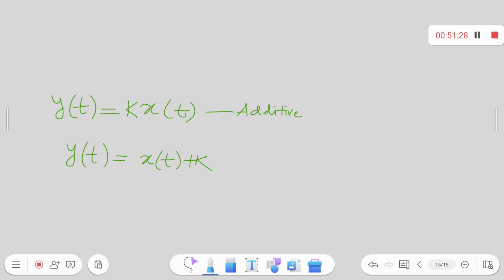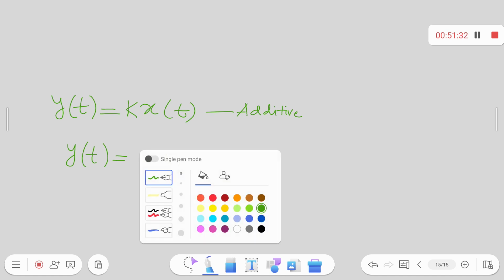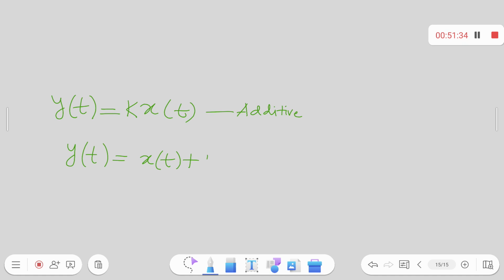Now y of t is equal to x of t plus k, the example that we have mentioned a few minutes back. For input x1(t), output is y1(t), which is equal to x1(t) plus k.